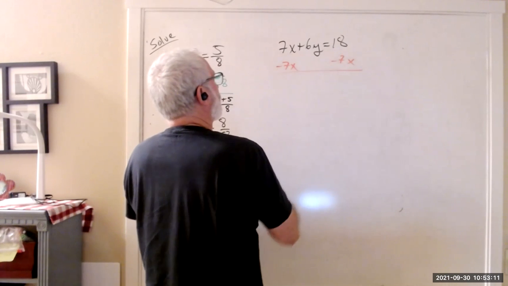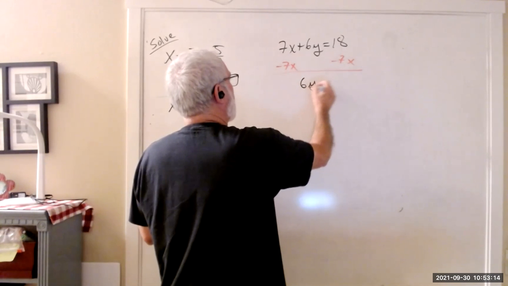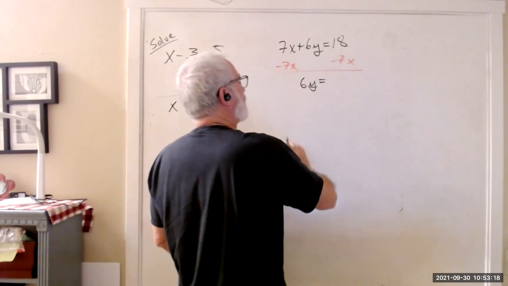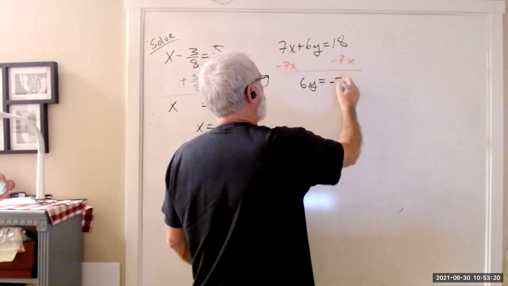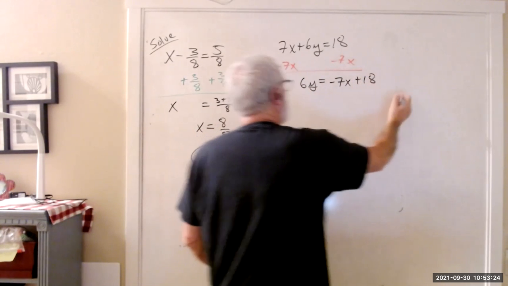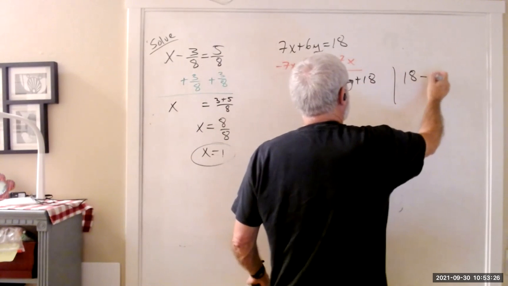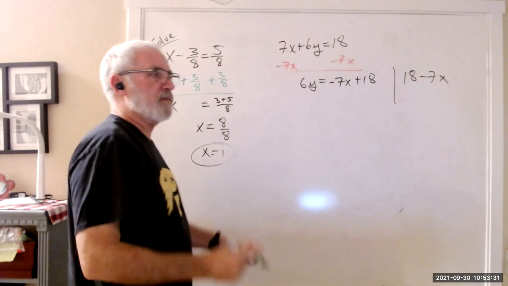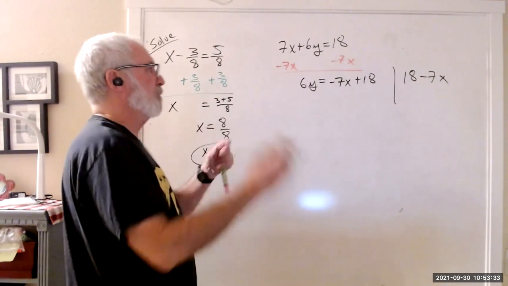That's going to give me 6y equals. Now, since all it's saying is get y alone, normally we put the x in front, but you could have just as easily done 18 minus 7x. That doesn't matter. You could have either put the x in front or not.